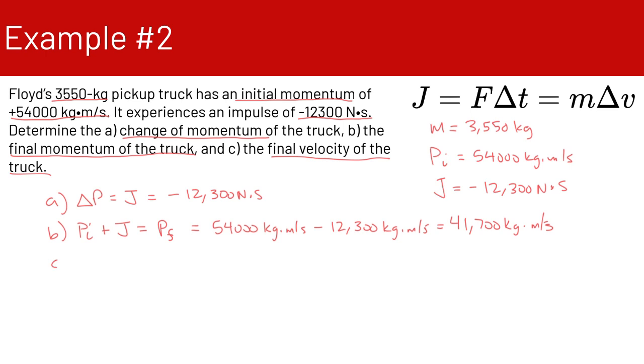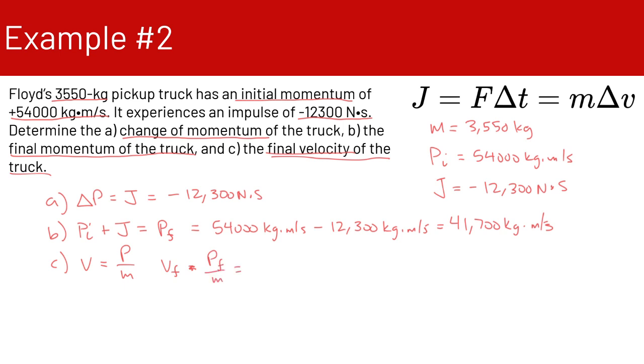Okay, now for C. For C, we want to know the final velocity of the truck. Okay, so our equation for velocity is V is momentum over mass. So we want the final velocity is equal to the final momentum over the mass.